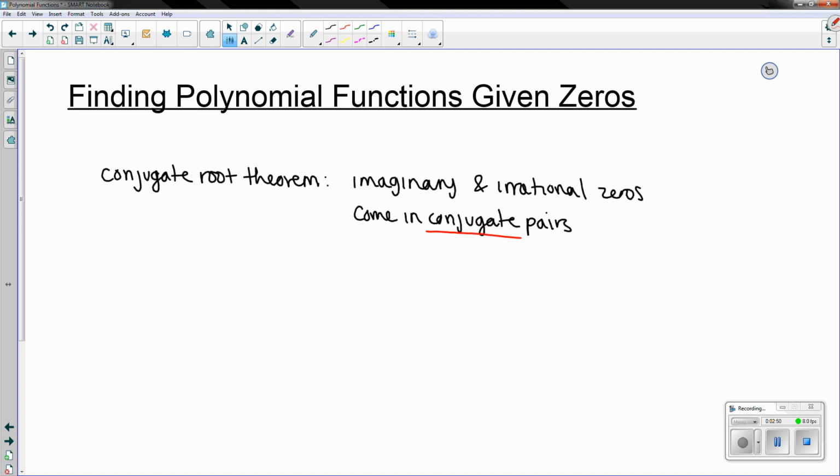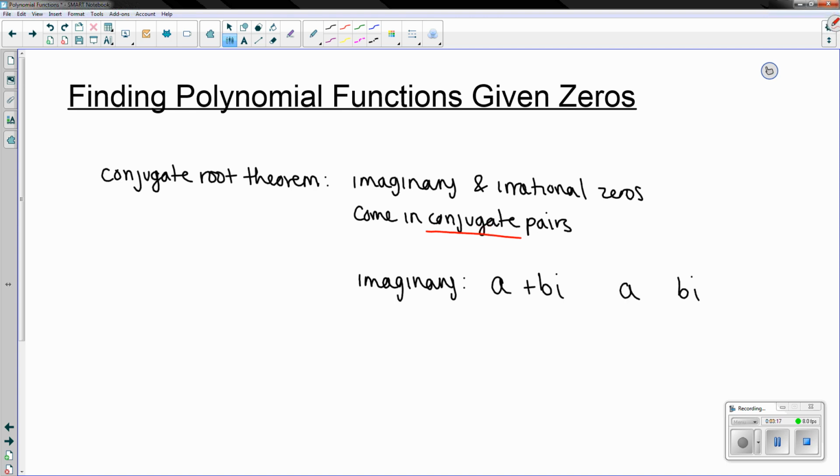Now, in this case, we're going to be looking specifically at imaginary and irrational values. If we look at the form for an imaginary number, we can express it as a plus bi. Here we see that we have a binomial expression, and if we want its conjugate, it should have the same terms, a and bi, but the opposing arithmetic operator.